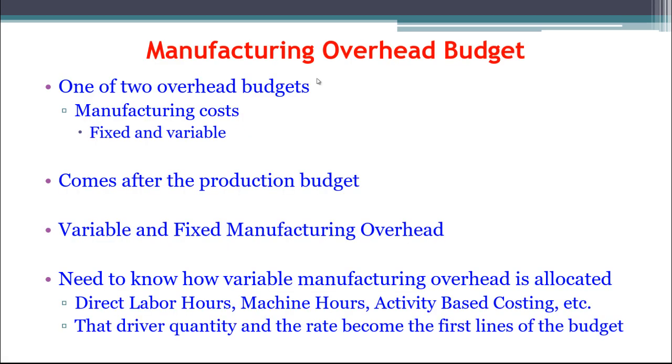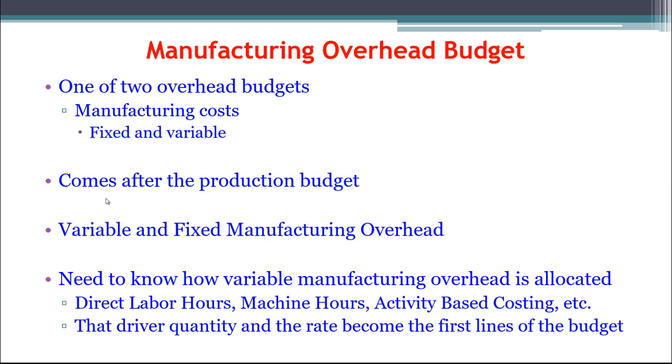And next up after the labor budget is the manufacturing overhead budget. Now this is one of two different overhead budgets we're going to be dealing with. This one specifically deals with manufacturing costs or factory costs, production costs. Now most companies have a little bit of both fixed and variable manufacturing overhead.